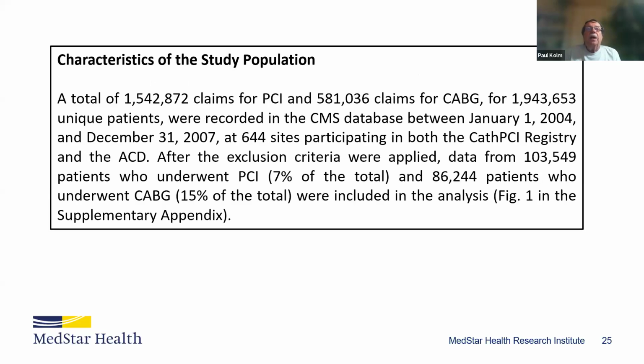So we have quite a large number of patients in the databases. And it turns out that after going through the databases and applying exclusion criteria, we have 103,000 some undergoing PCI and 86,000 undergoing CABG that were included in the analysis.